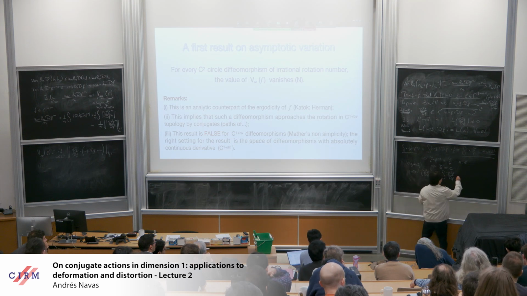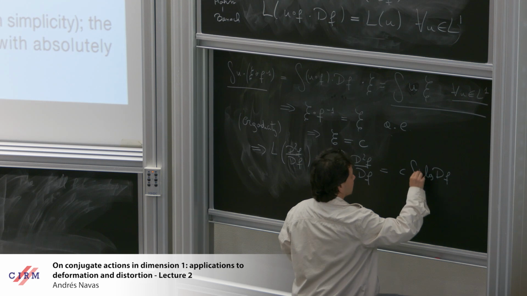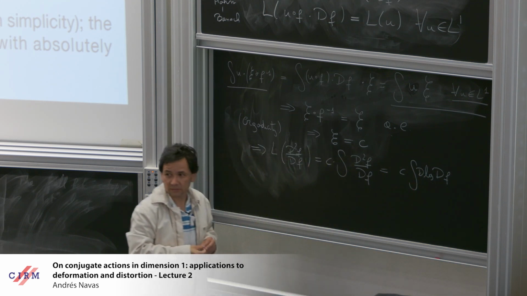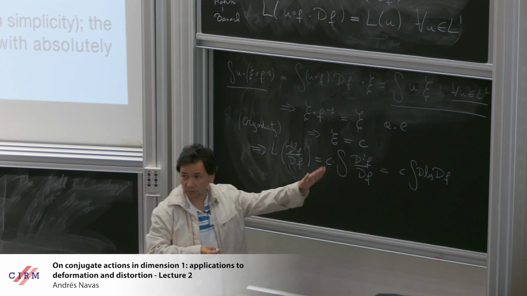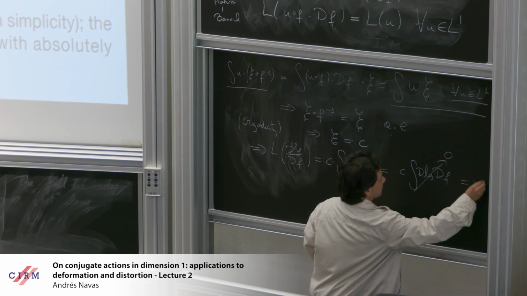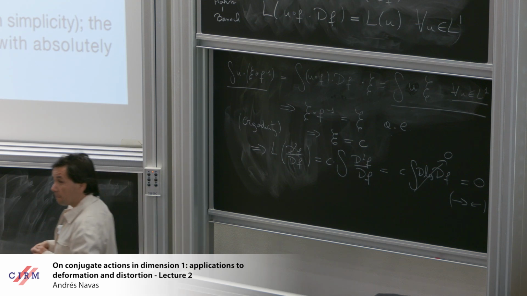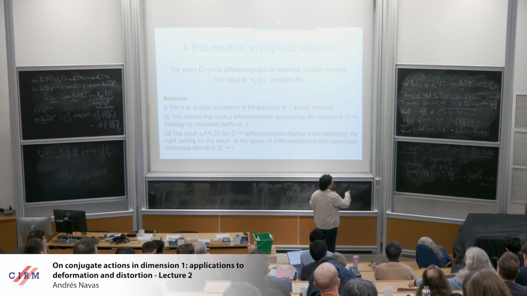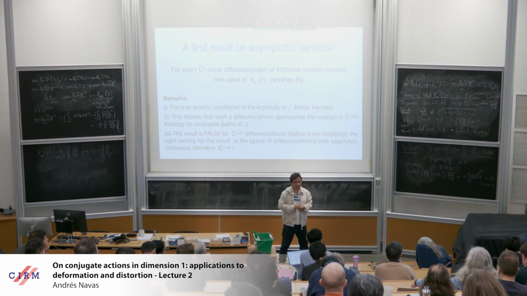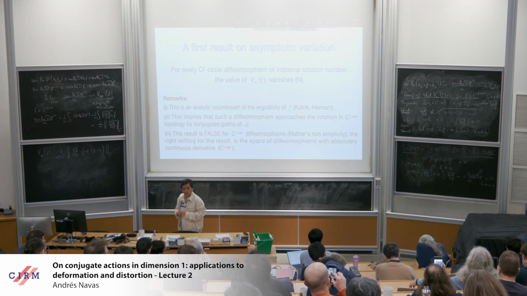This is the integral of the logarithm of the derivative of f, and since we are on the circle, this vanishes. So this is the contradiction, if you wish, because we were assuming that L was non-zero at the affine derivative of f. It's a very classical argument.